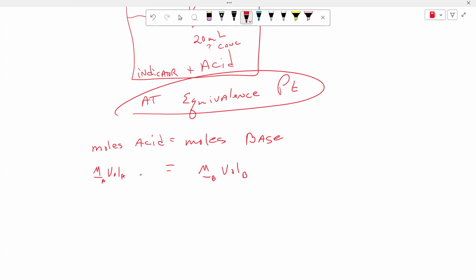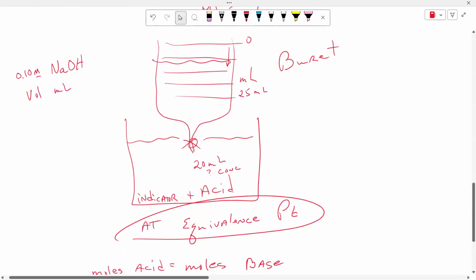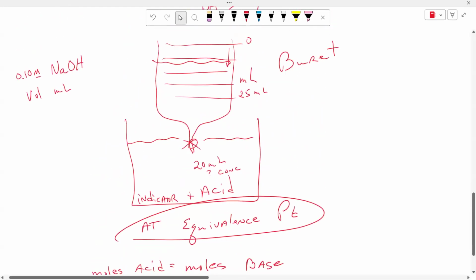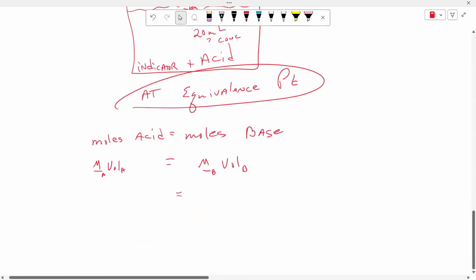Okay, so at the equivalence point, we know the volume of the base. We need to convert the milliliters to liters, though. So first thing is, we know the concentration of the base from this value up here. Concentration is 0.1 molar. The volume is going to be read off the burette.